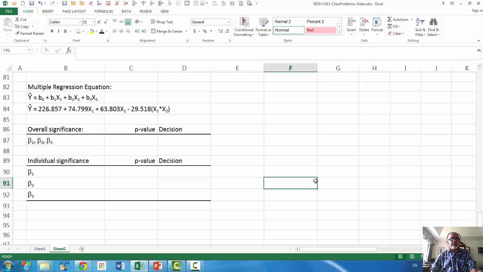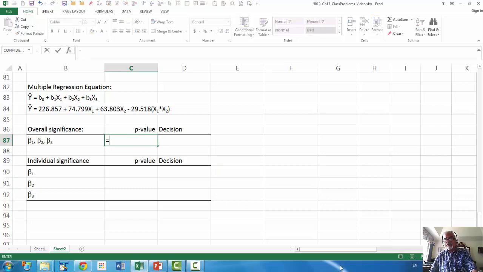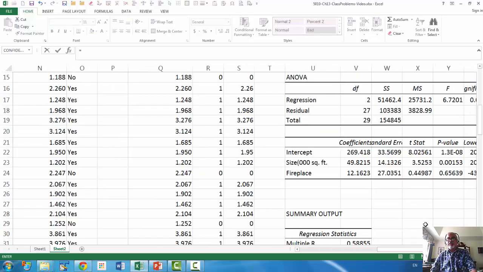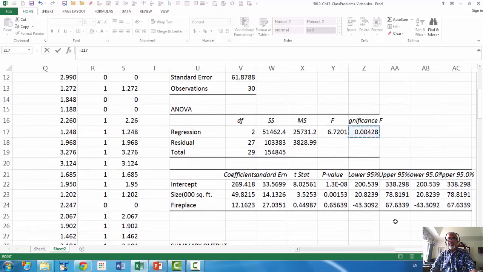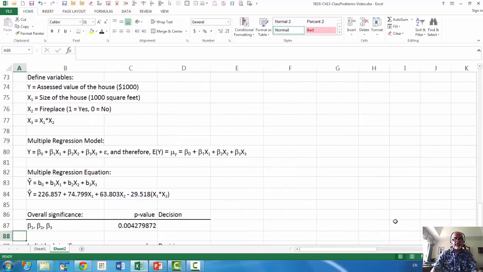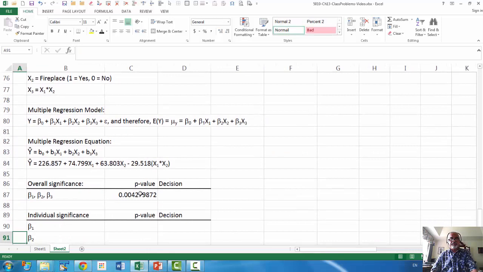Okay, so now we can test for overall significance. The overall significance p-value is from the ANOVA table. Here is the p-value. So the decision is the overall regression is significant.